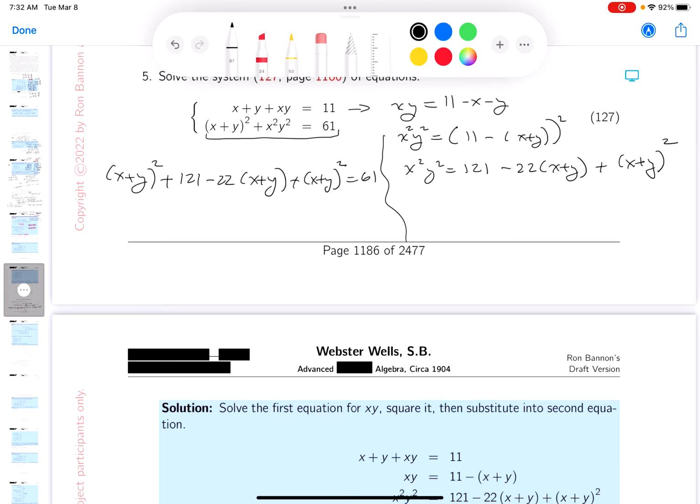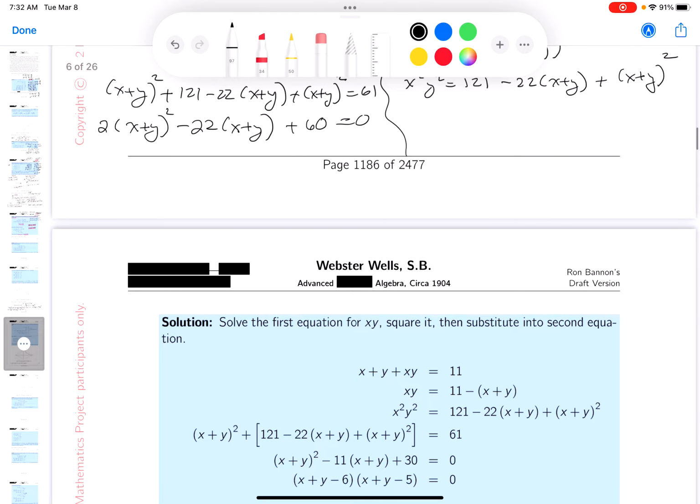Now I'll rearrange it, and you get 2(x plus y) squared minus 22(x plus y). I'm going to take 61 from both sides, so you get plus 60. To make life easier, I'm going to divide both sides by 2, and you get (x plus y) squared minus 11(x plus y) plus 30 equals 0.